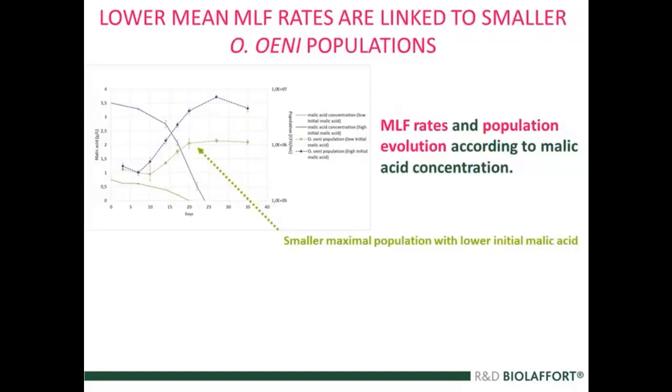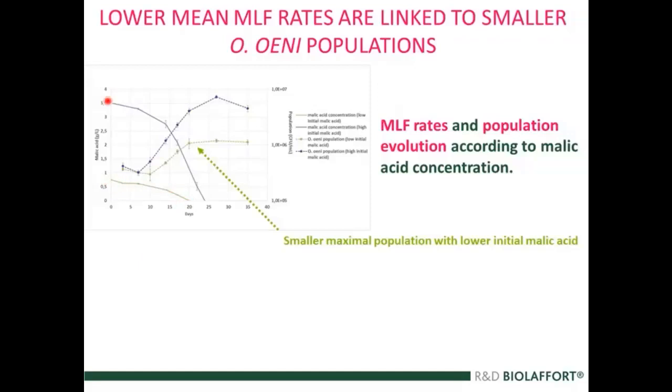This is what this graph shows you. Here you have the same wine; the only thing changing is the initial malic acid concentration. In one situation, it's close to 0.6 grams per liter, and you have here the malic acid evolution throughout time.